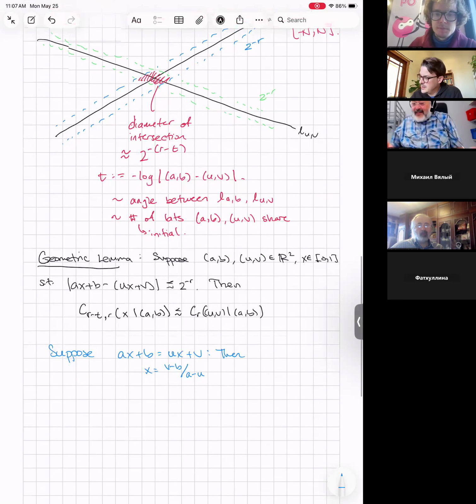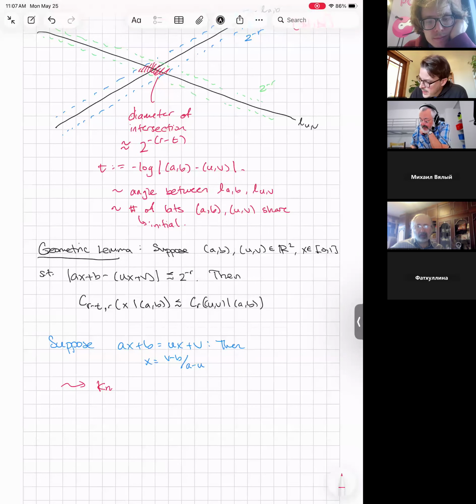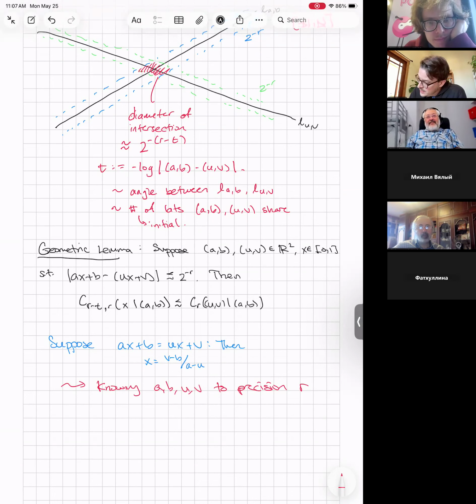If you do some calculation, you'll see that knowing a, b, u, v to precision r, in other words, knowing a rational within 2 to the negative r of all four quantities, gives an approximation x prime such that x minus x prime is smaller than, up to some multiplicative constant, 2 to the negative r minus t, where t is the difference.